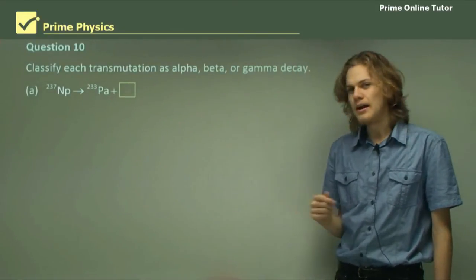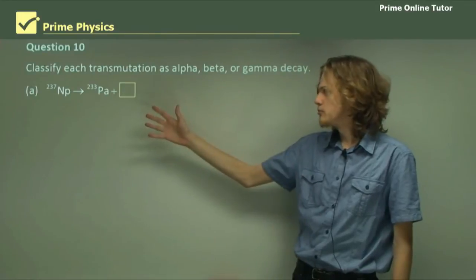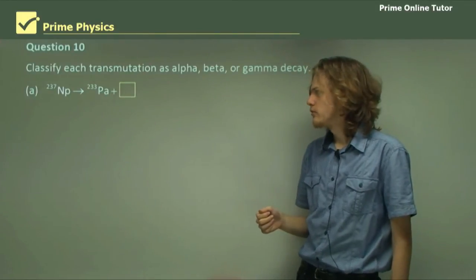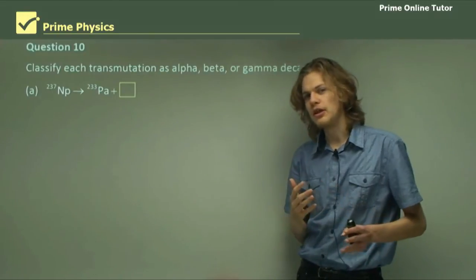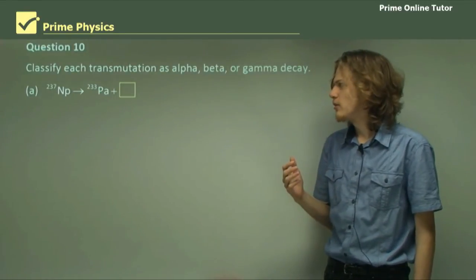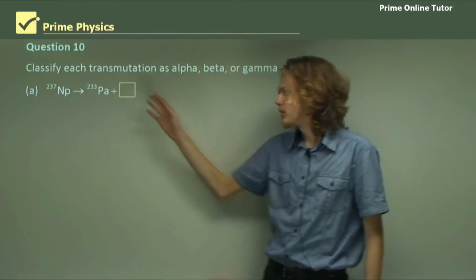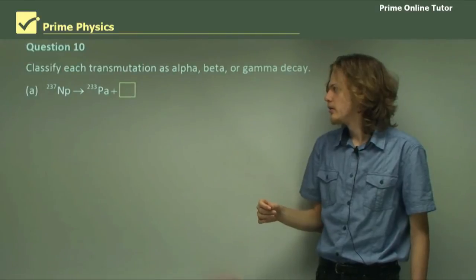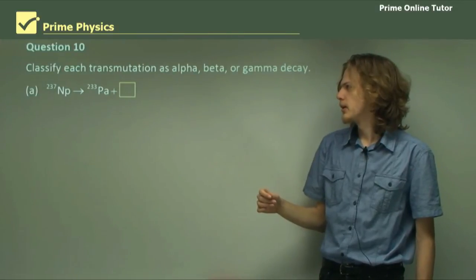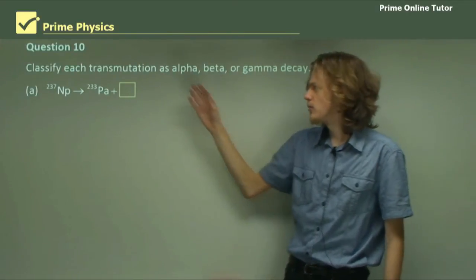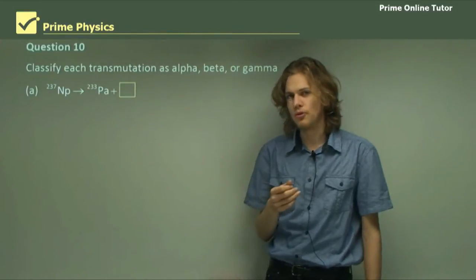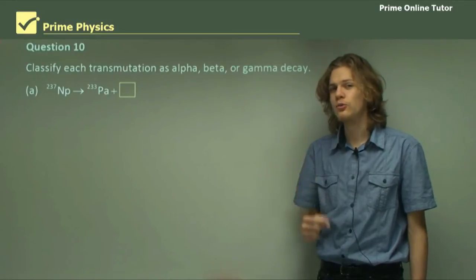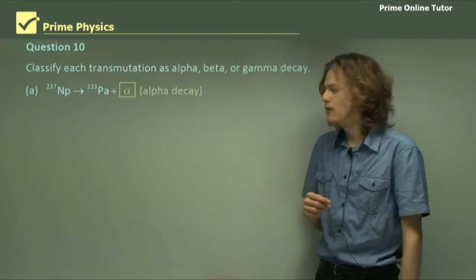Start off with A, neptunium-237 into palladium-233. So if we look at the proton numbers of these two, we're actually going from 93 to 91. Sorry, that's not palladium, it's protactinium. And our mass is decreasing from 237 to 233. So if our mass decreases by 4 and our charge decreases by 2, we must be releasing an alpha particle.